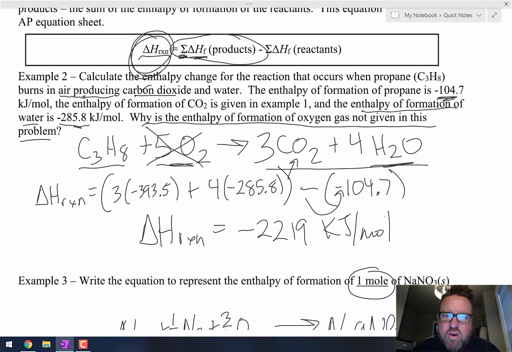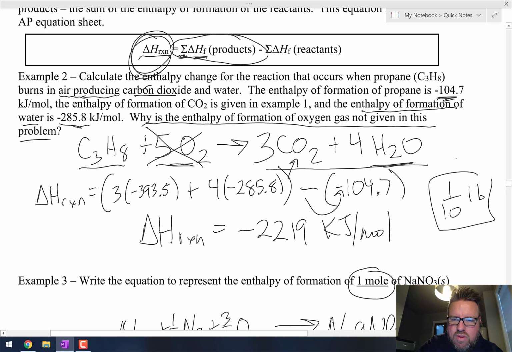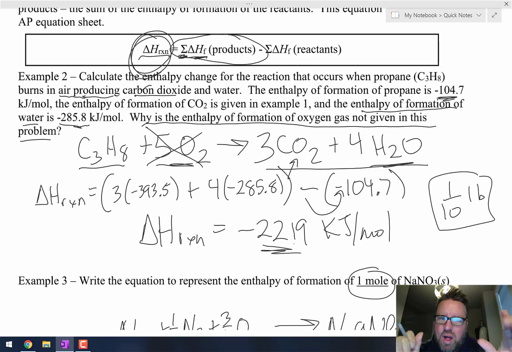Every 44 grams of propane that you use, which is about 1/10 of a pound, you release about 2,219 kilojoules of heat, that's a good amount of heat. And that's why propane works really well with ovens and barbecues and cooktops, things like that, because the amount of energy that gets released is really, really big.